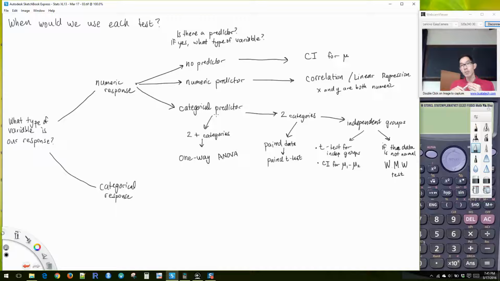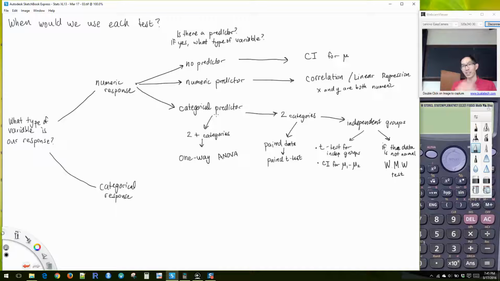When you're saying predictor, you mean like a variable? Yeah, a variable that we are using to make conclusions about the response. Does this thing over here affect this numeric response? If we're looking at the weight gain of lambs, does the diet, diet 1 versus diet 2, make a difference on the weight gain? When we started off with the t-test for independent groups, that was what we had.